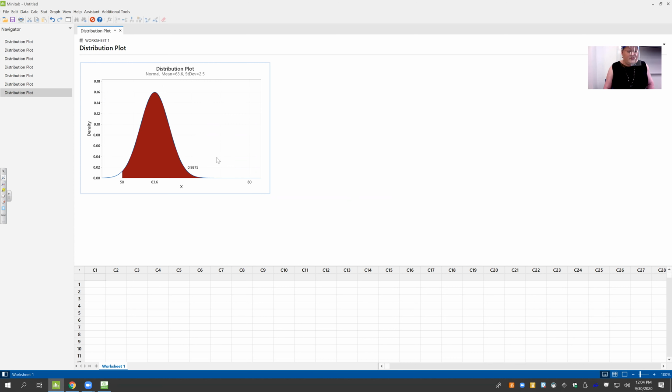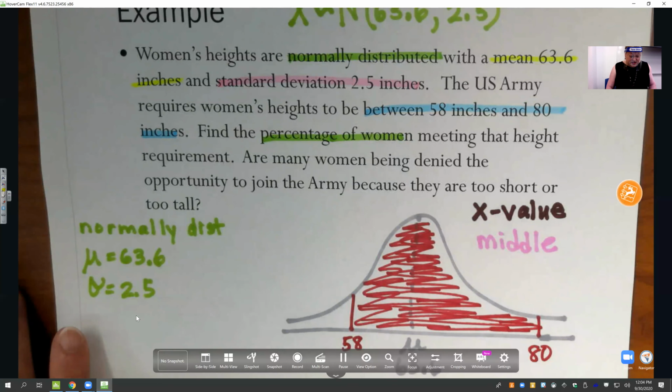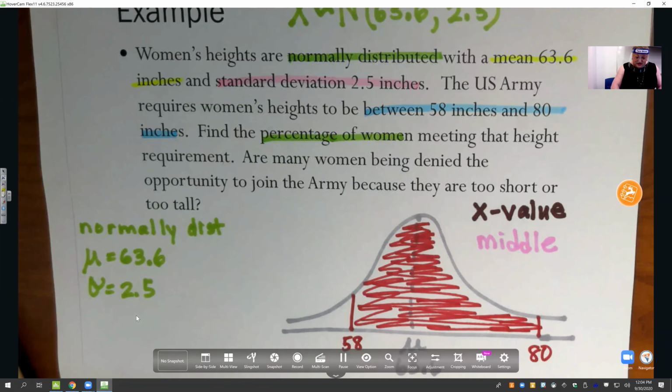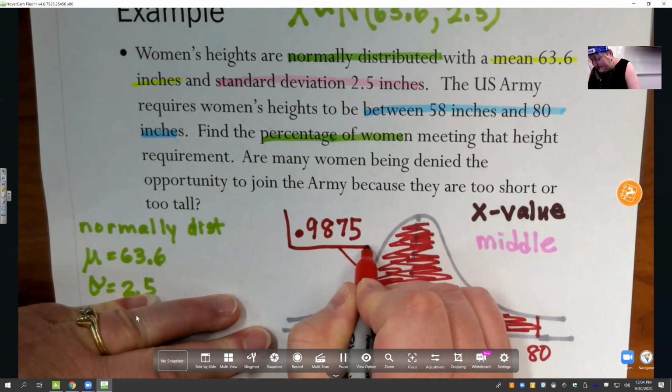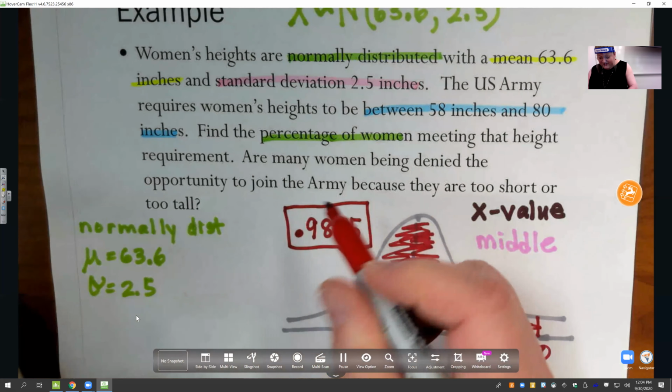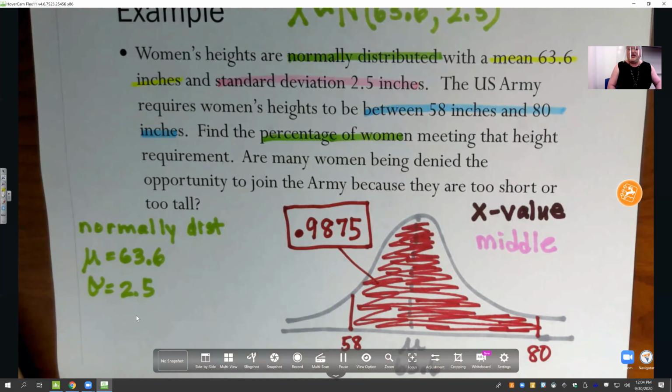So the probability that a woman is eligible to join the Army is 0.9875. Okay, so there's roughly a 99% chance that a woman meets the height requirements and can join the Army.